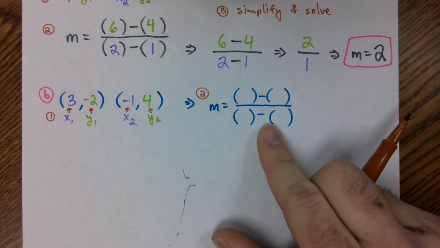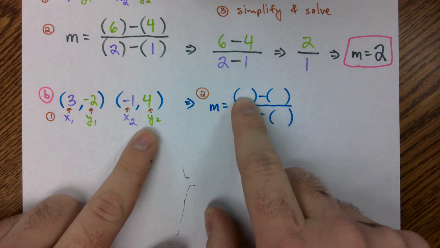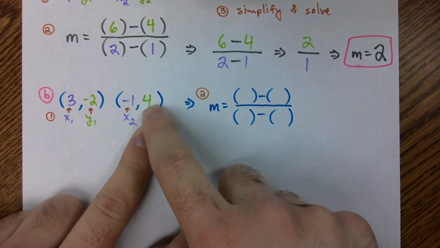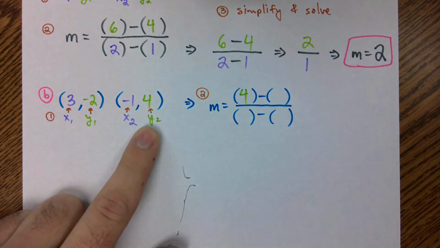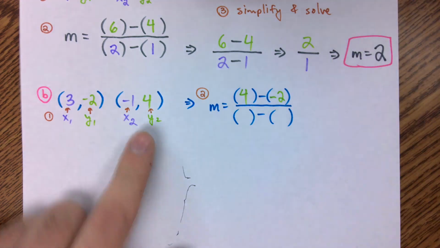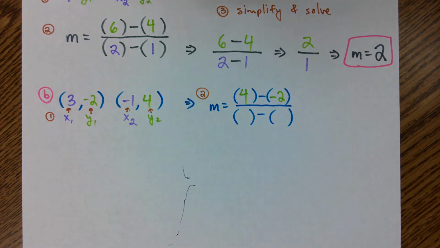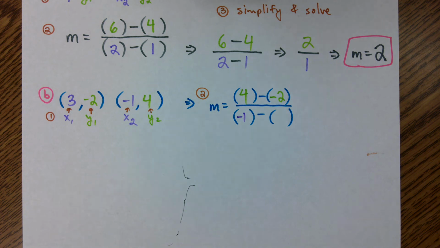And we're just going to put these numbers in exactly where they go. y2 on top is +4. And y1 is -2. x2 is what? What's our x2 value? -1. And what's our x1? 3.